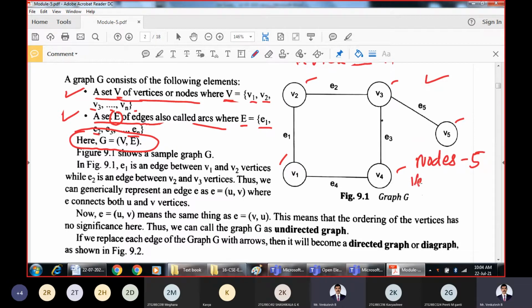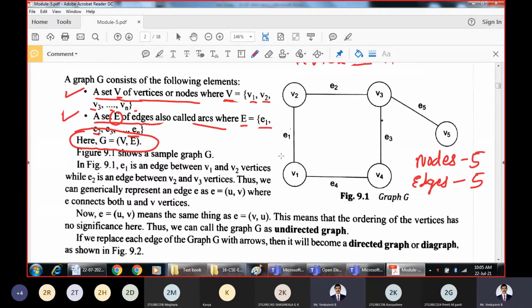Now, how many edges are there? 1, 2, 3, 4 and 5. There are 5 edges in this graph. So this is a graph which consists of 5 nodes or vertices and 5 edges.